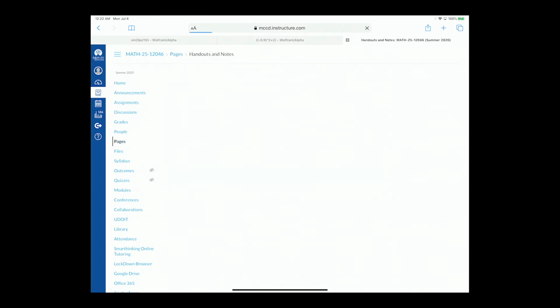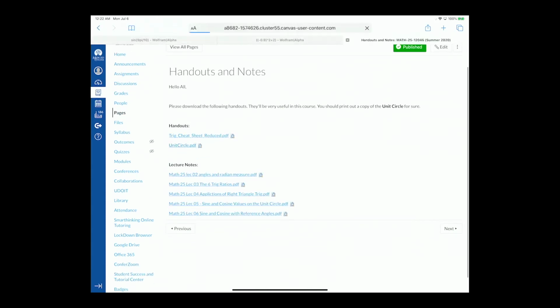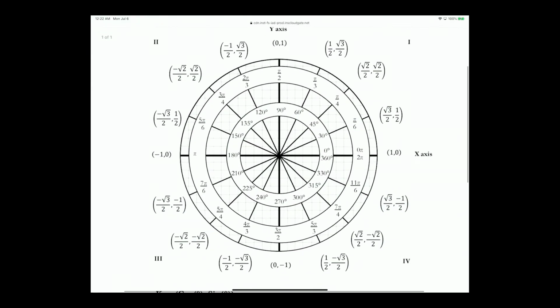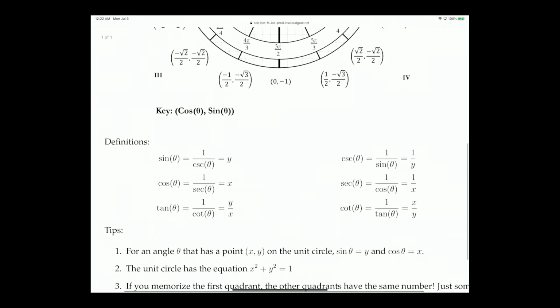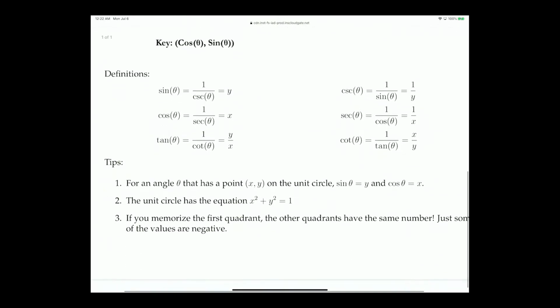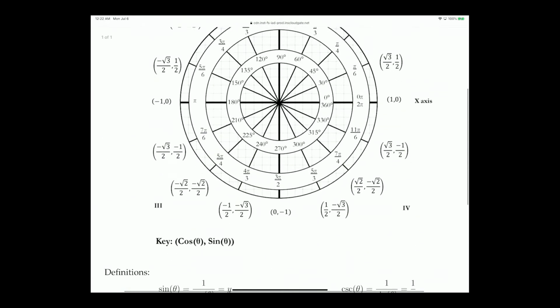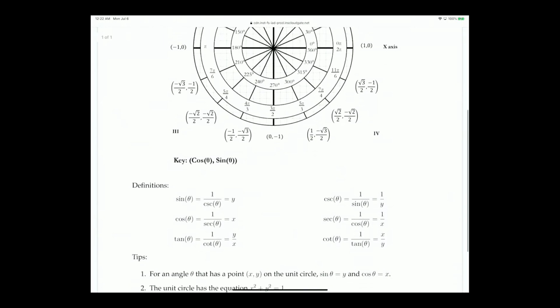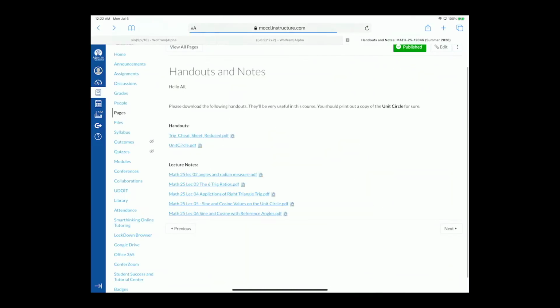So handouts and notes, unit circle. There it is, right? This will help you remember the angles, and also I have the formulas right there. And it doesn't have the ASTC thing, but otherwise it's helpful. What else?